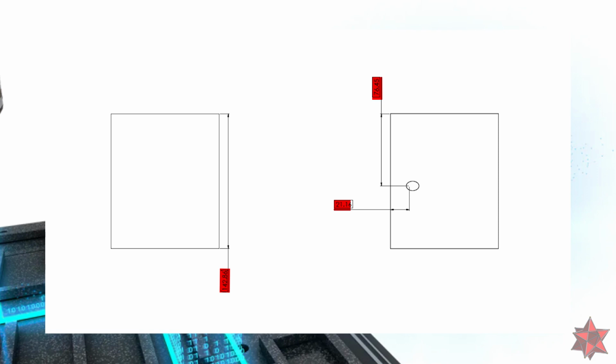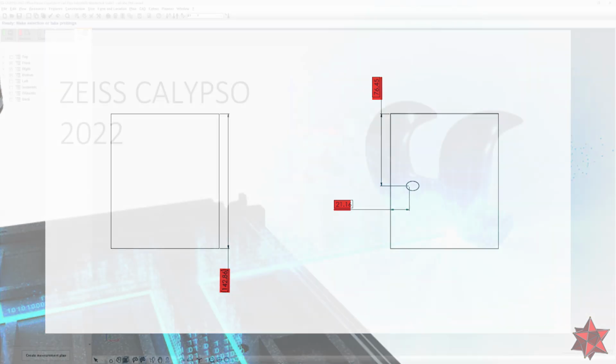In the last versions, if we had such data, PMI would generate a characteristic for it, which is not correct. We know that this data is not measurable or is there only for information. So it's a good thing. We have less things to delete when everything is extracted.